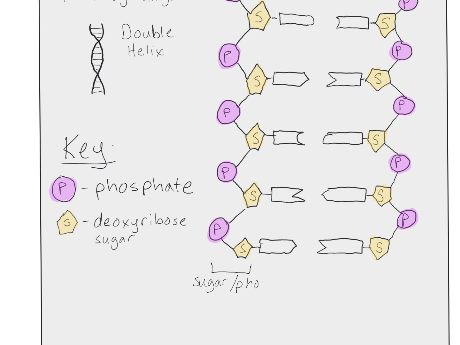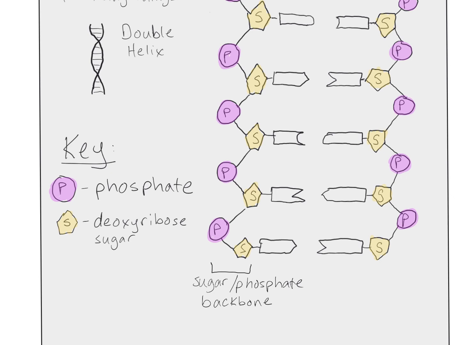The sugar phosphate backbone. Okay, so these are the sides of the DNA molecule, of the double helix. So if we're comparing it to a ladder, these make up the sides of the ladder. So there's one on each end of this molecule.